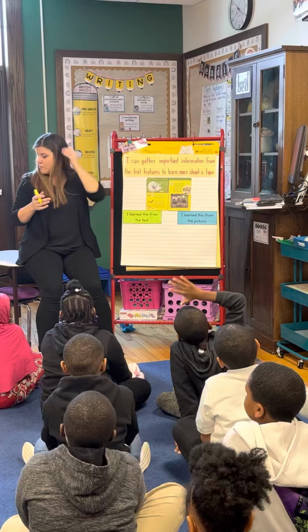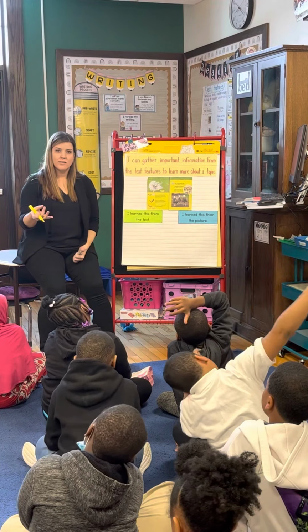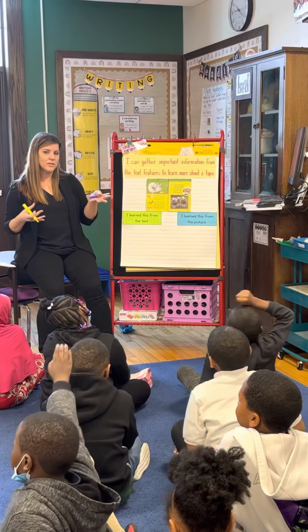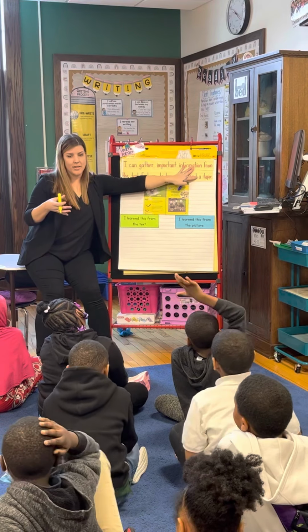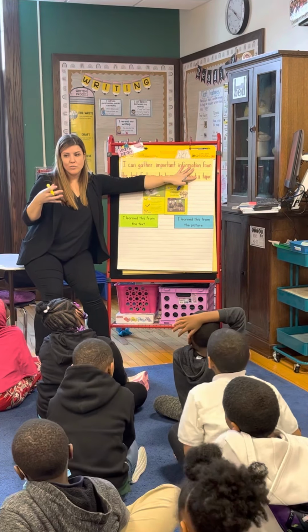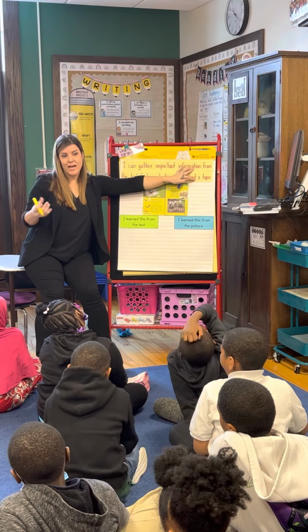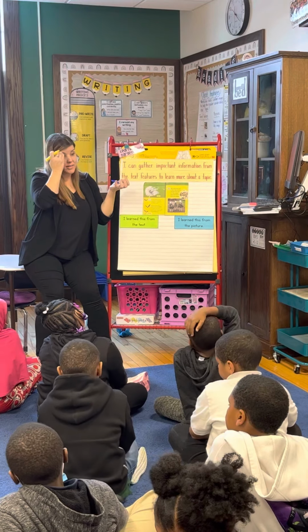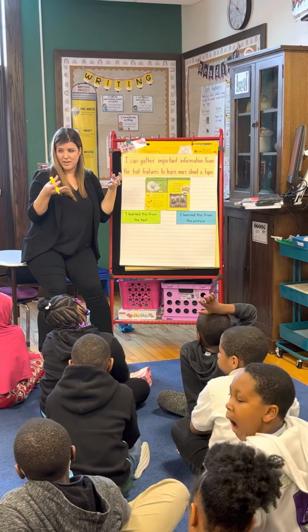Information. Ooh, information. When we talk about topics or main ideas, there's another word we use besides information, okay? When you're reading a nonfiction book and you're reading about a certain topic, what's that word called? That's the same as information, but something you're learning about that topic.